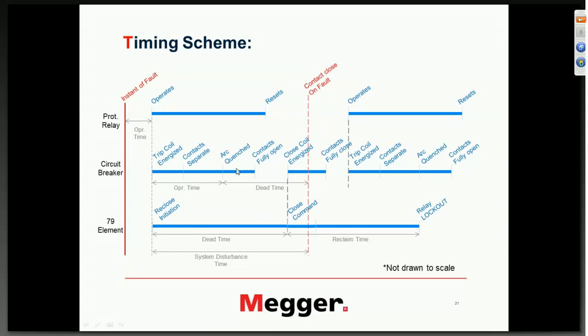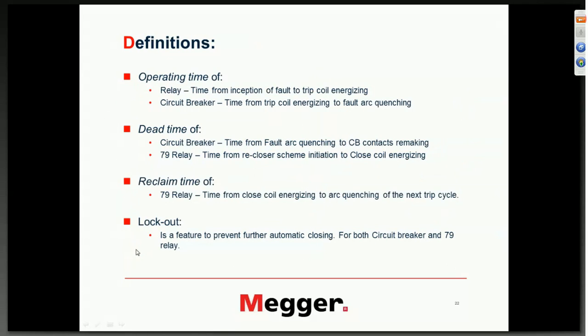That is this one and this one. Those are the dead time of the circuit breaker and the 79 element. I should have put 79 element instead of 79 relay here.